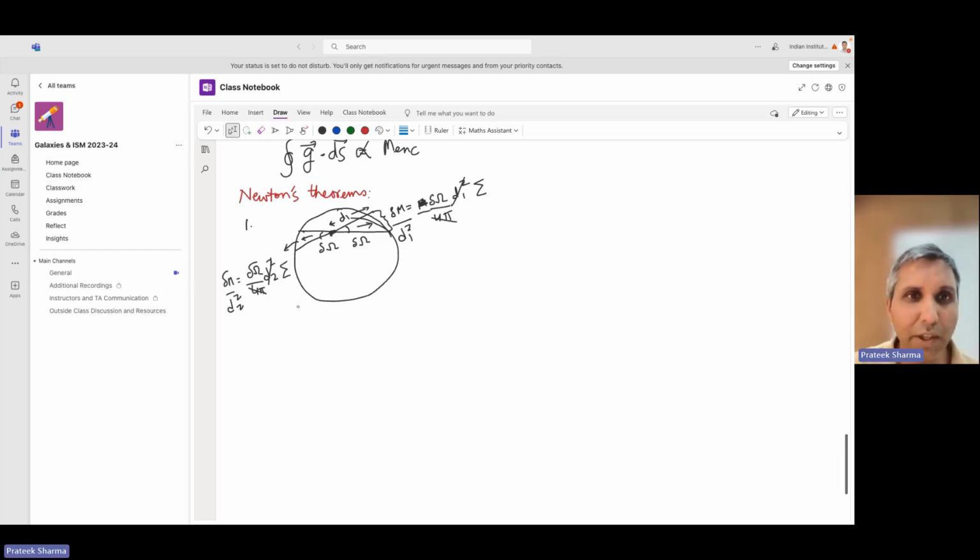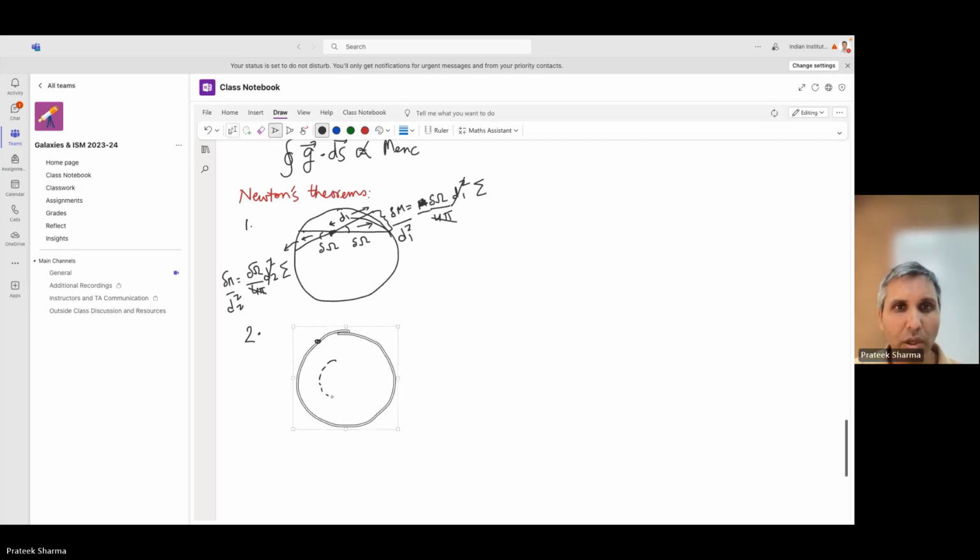Newton's second theorem is a little more subtle. It says that if you want to calculate the potential here outside due to a spherically symmetric distribution of mass inside this point, you can replace this mass and put it at the center, and then calculate the gravitational potential due to that.